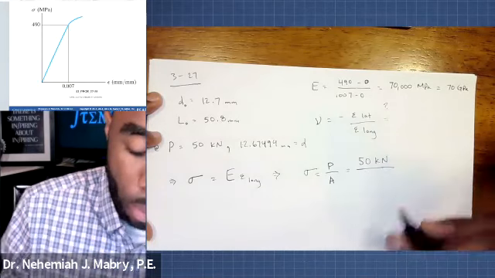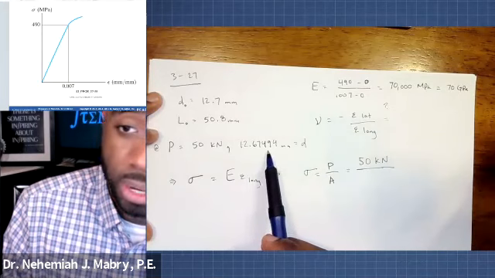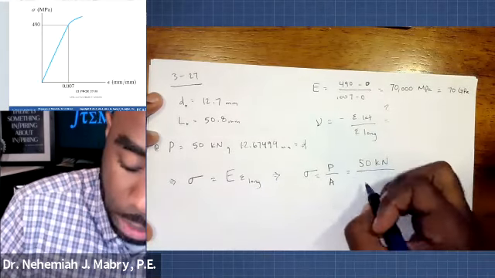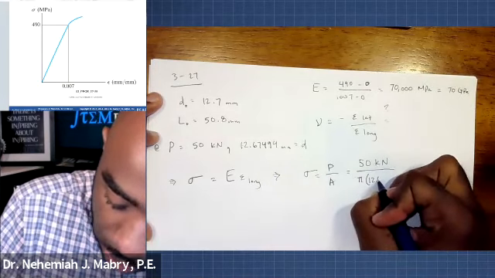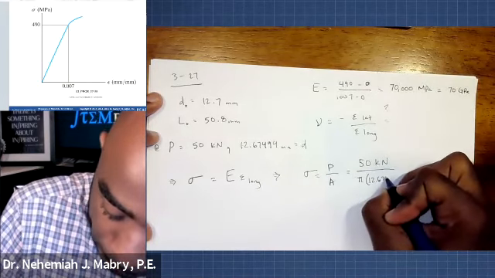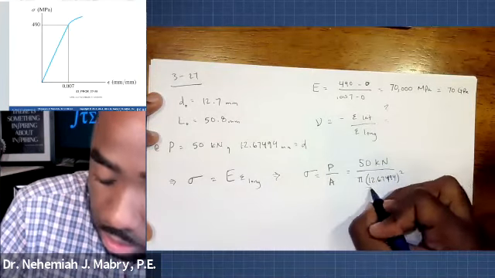And we know that at that point, there is a diameter here of 12.67494. So let's put in the equation pi d squared over 4.